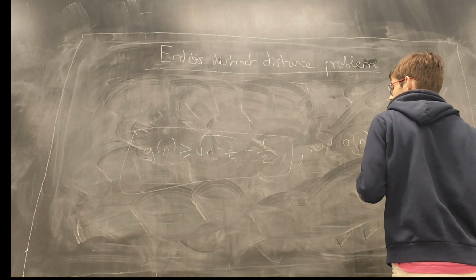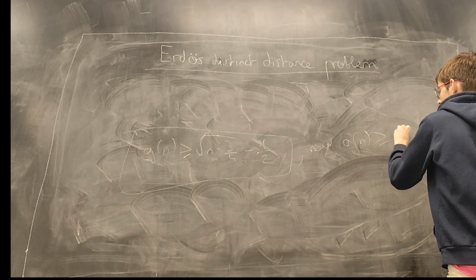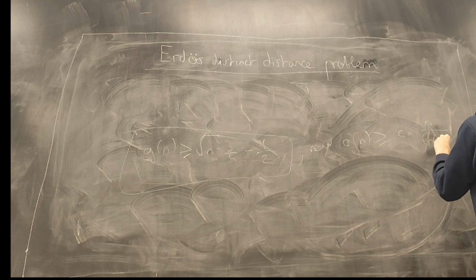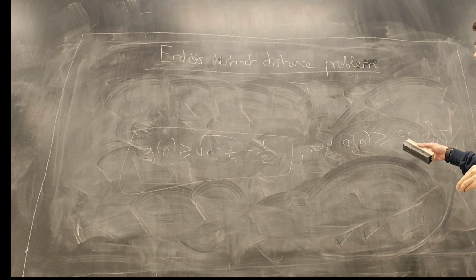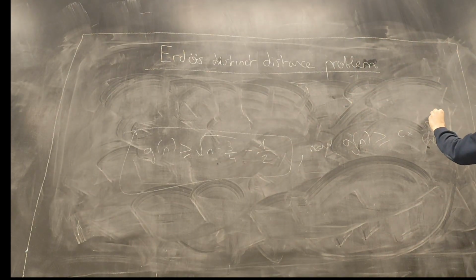We have g of n larger than a constant times n over log n. Notice this is significantly larger than this. This is almost as large as n.